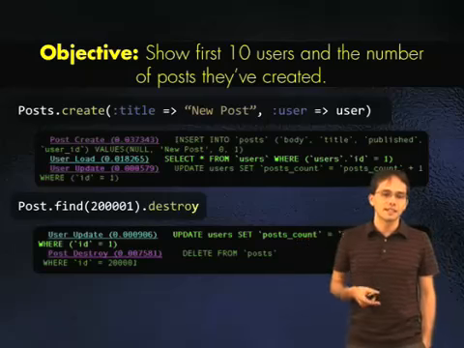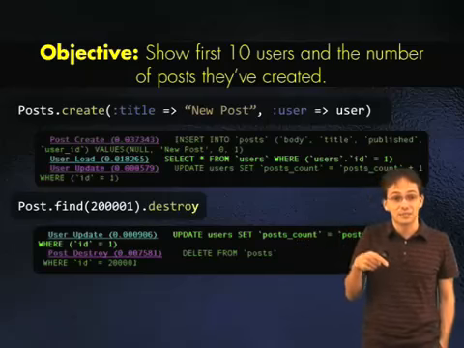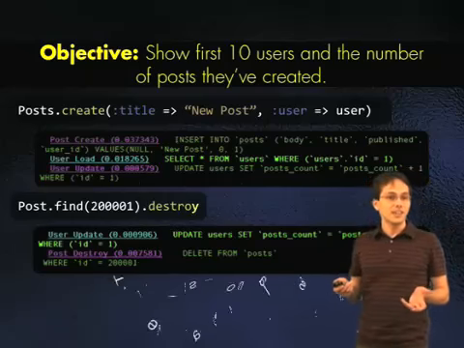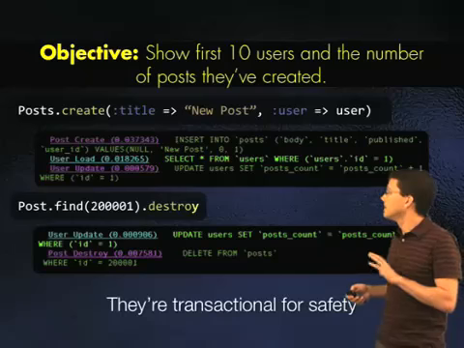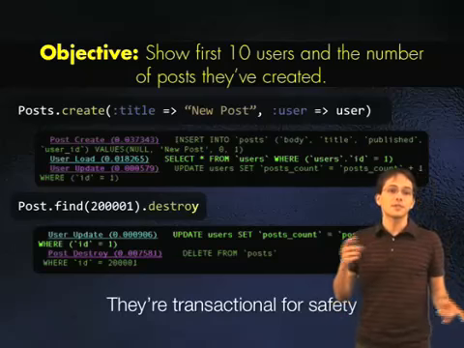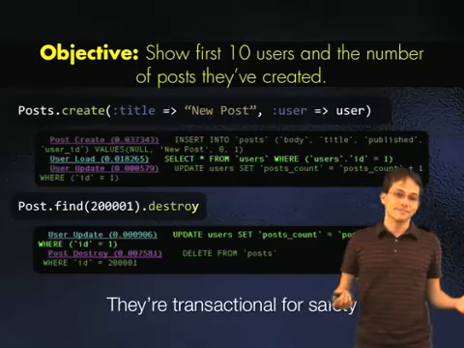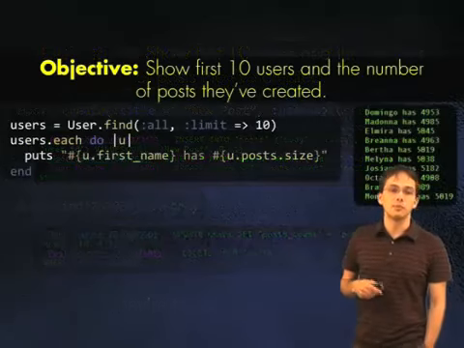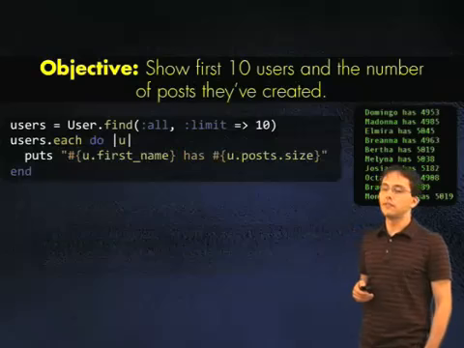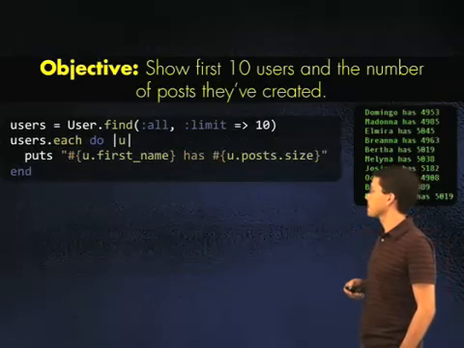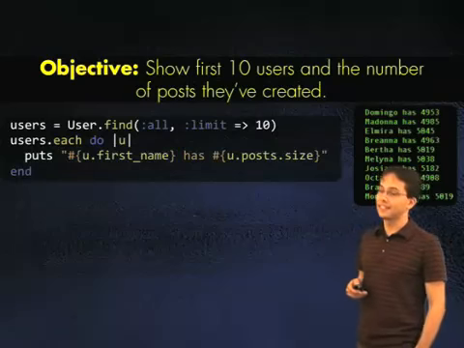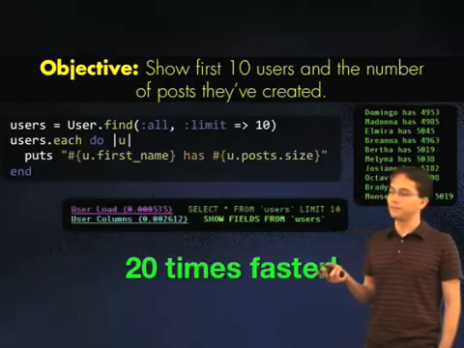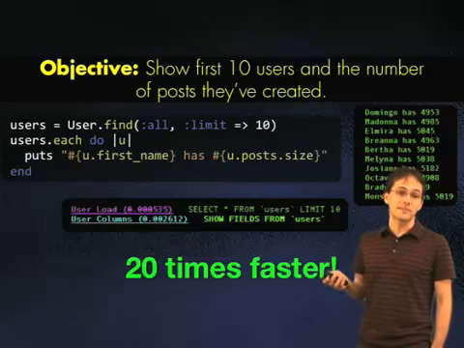Now, this is what I thought to myself, and I ended up looking inside the ActiveRecord code, and it turns out that this is transactional. So if the delete fails, it's going to roll back the count. It's smart like that. So now let's go back to the original example where we're listing out the count of posts for each user. Now if we run it again, this time it doesn't do all those queries, it just gets the post count from the user table, right? And it's about 20 times faster.